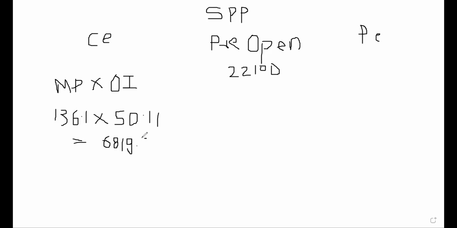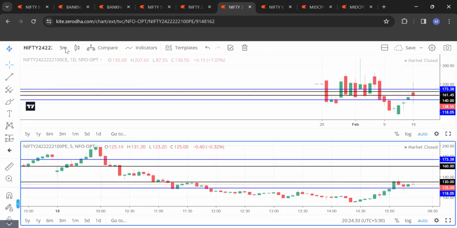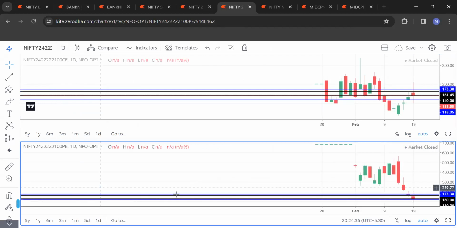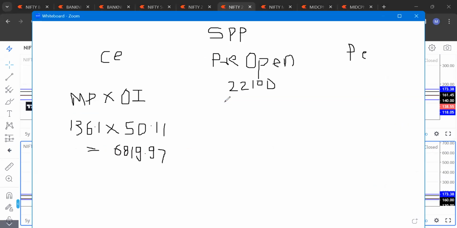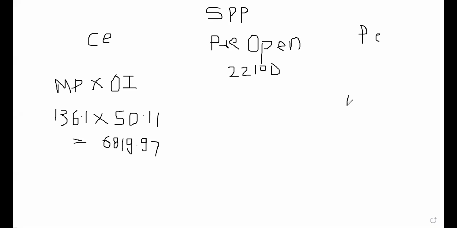Now you have to do the same thing for put. So now you will go on put side. You will set the chart on daily. You will go on the previous day, 16th Feb. You will calculate midpoint: 209.9 plus 152.1 divided by 2. It's 181. So midpoint will be 181 multiplied by open interest.